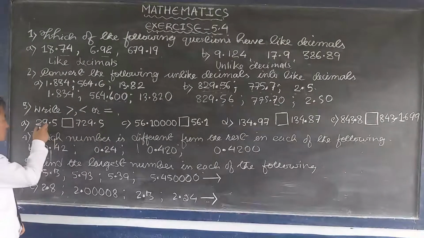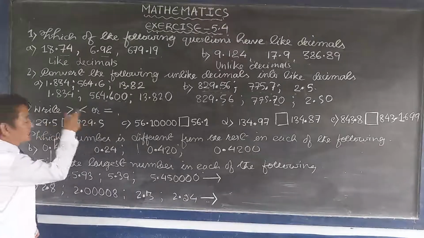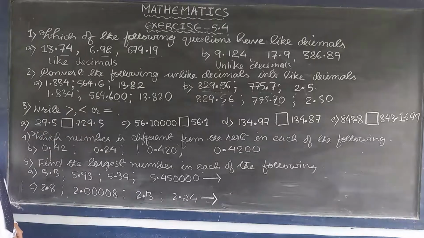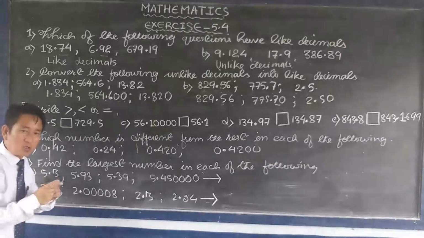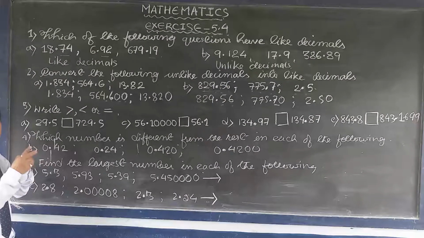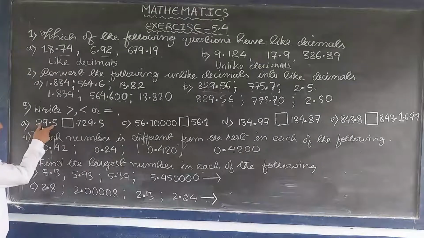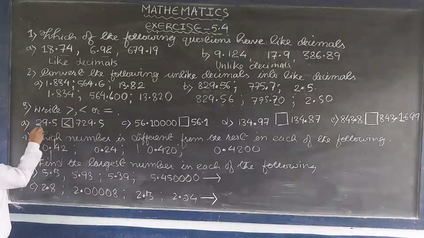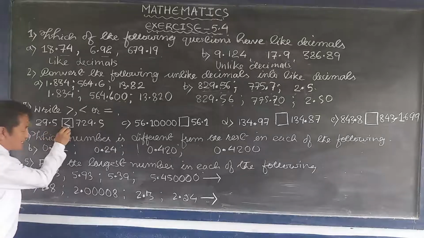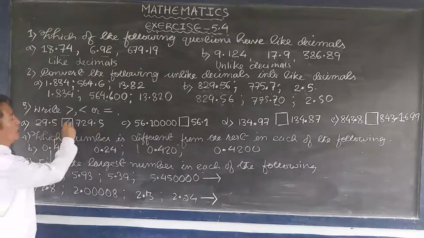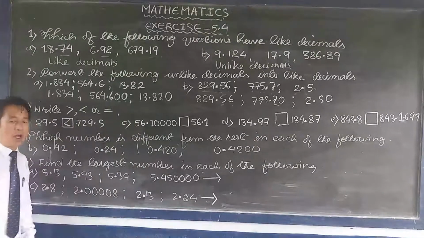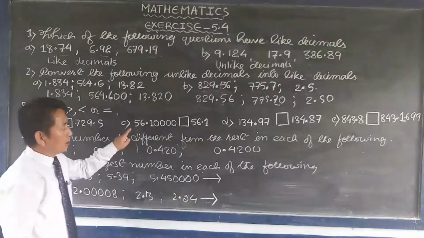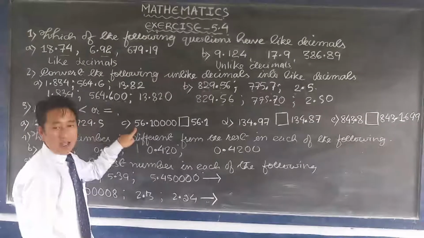So 29.5 is less than 729.5. We'll always turn the pointed end to the smaller number. This one is smaller, so we write the pointed end towards it: 29.5 is less than 729.5.